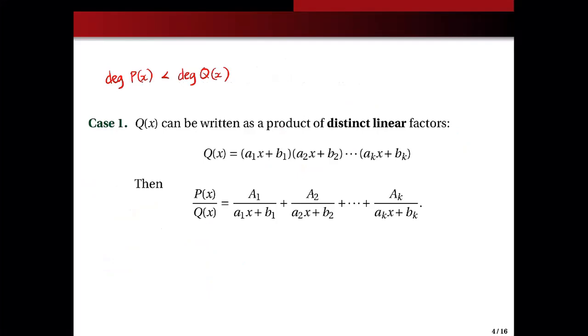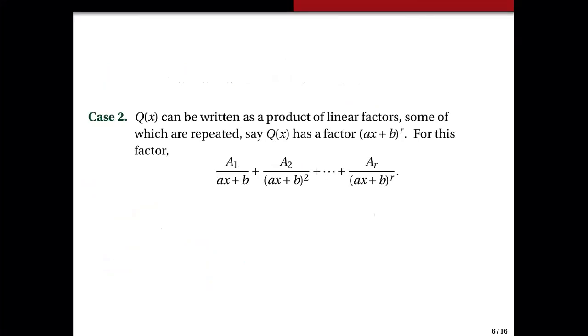For case 2, if you have a linear factor which is repeating, okay, you will have to include all the powers of that linear factor. And then the numerator constant again. Okay?